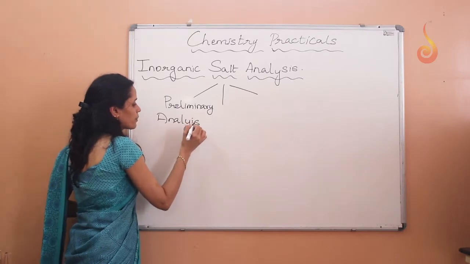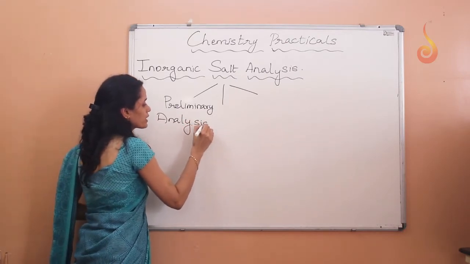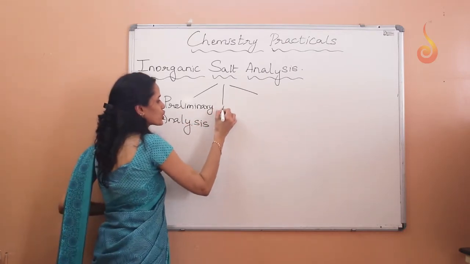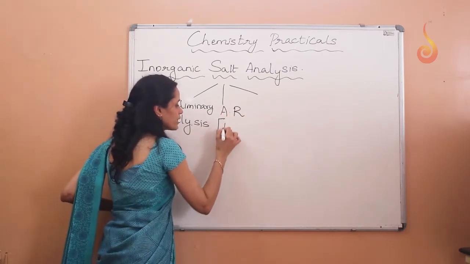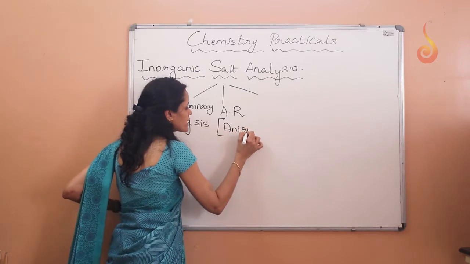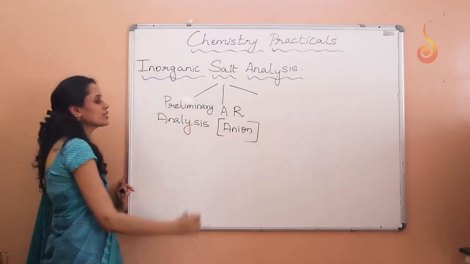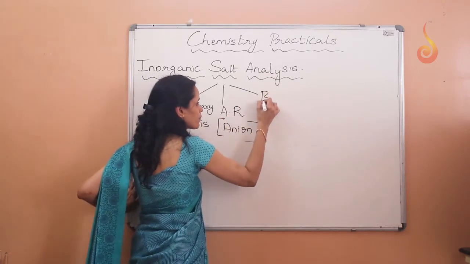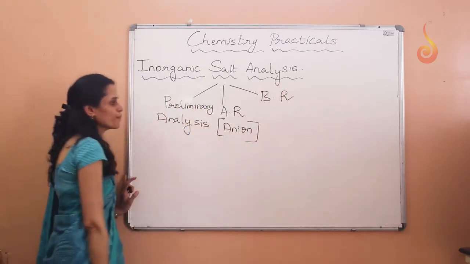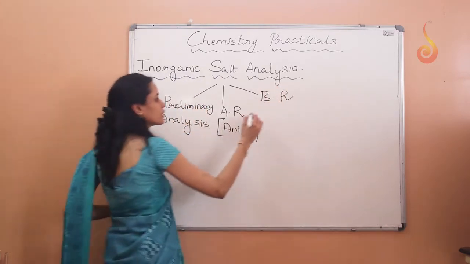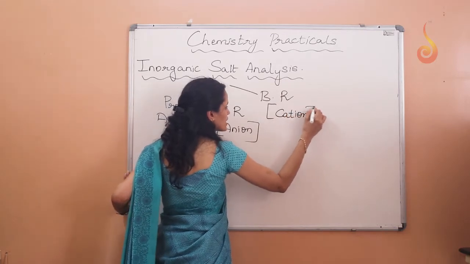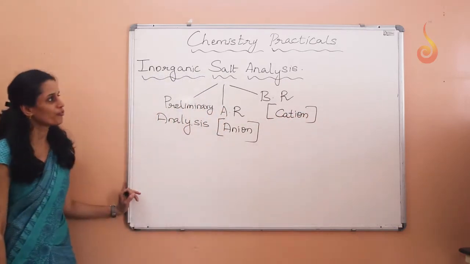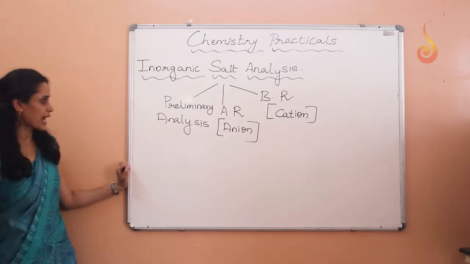The next step is detection of acid radical, that's nothing but detection of the anion of the salt. Then the third step is detection of basic radical, which is nothing but detection of the cation. So these are the three steps we have in salt analysis.